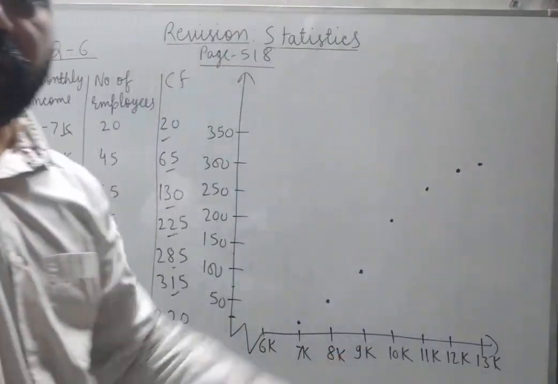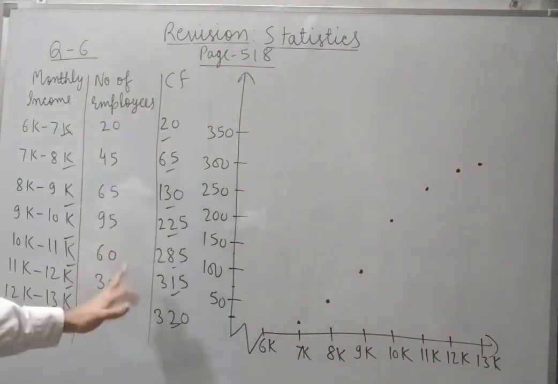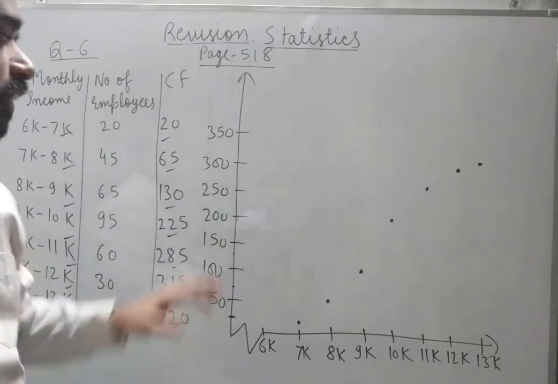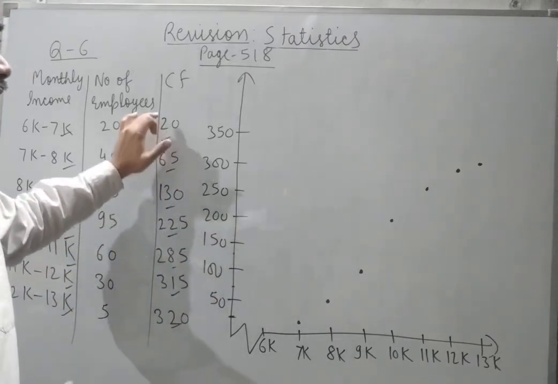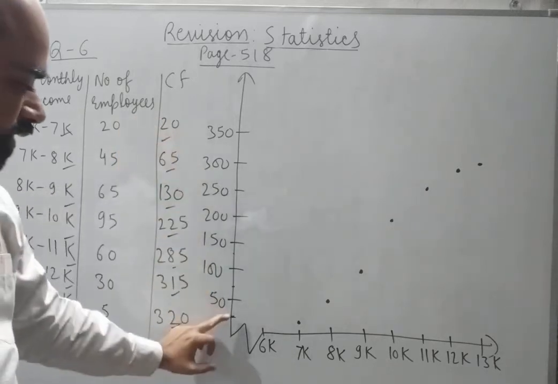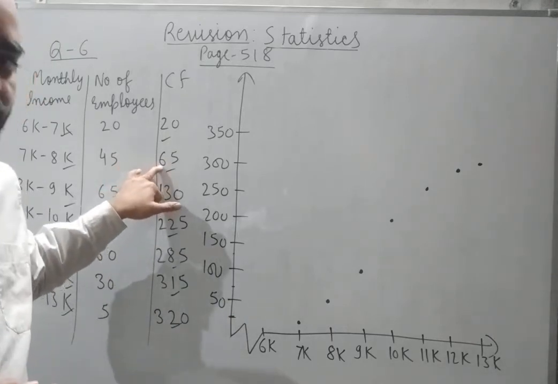Correct. When you are plotting on the scale, how do you find the points? Very easy. The scale is 50 for the y-axis. So divide each value by 50. When you divide by 50, what will you get? 20 upon 50, this is 0.4. Next, 65 upon 50.